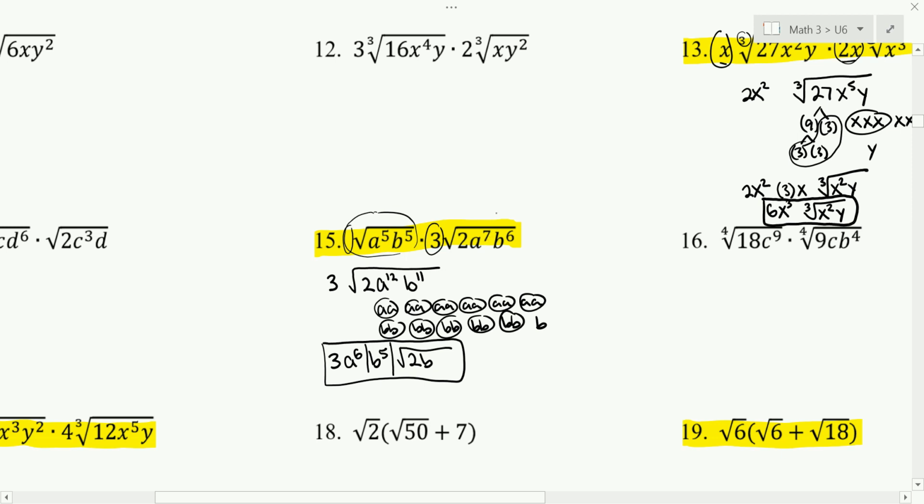And so you could make an elaborate argument that b would have to be positive and we wouldn't need the absolute value, and you'd have a basis for that. And so we could also accept 3a to the 6th, b to the 5th, square root of 2b.